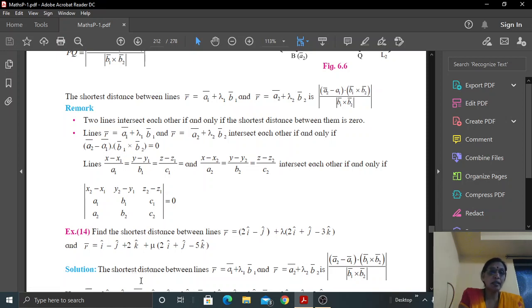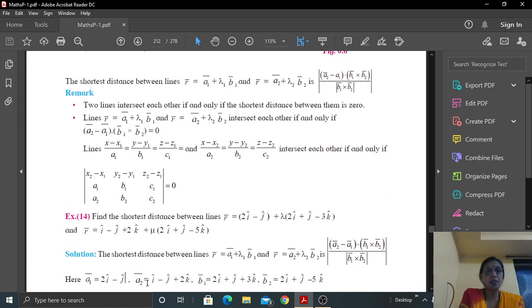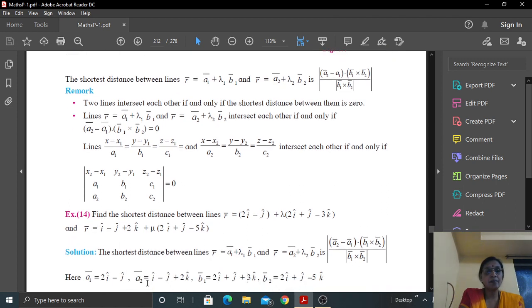Okay, we know that the shortest distance between two lines can be given by the magnitude of (a2 bar minus a1 bar) dot (b1 bar cross b2 bar) divided by the magnitude of b1 bar cross b2 bar.